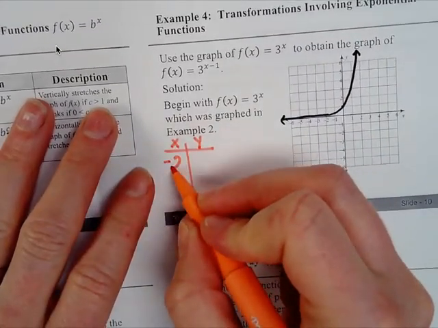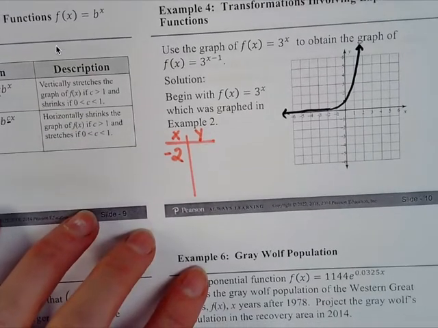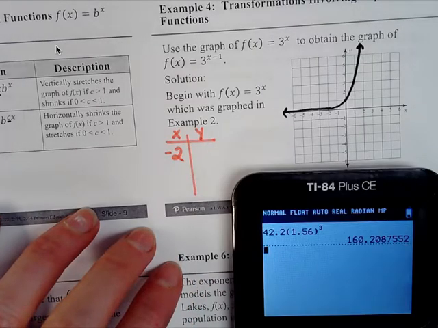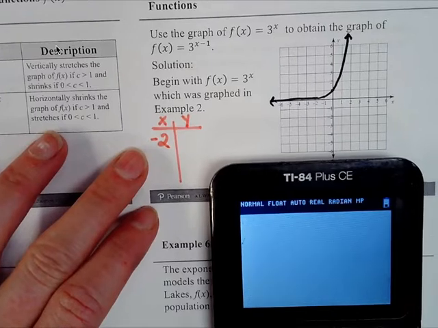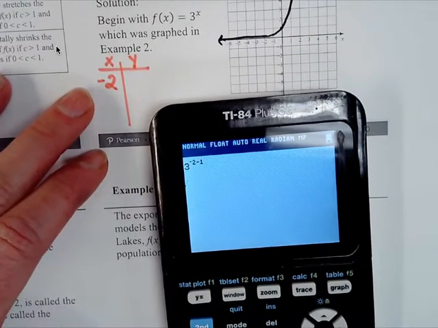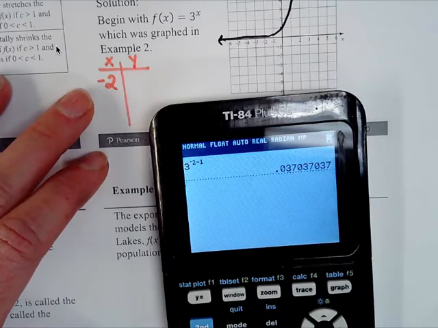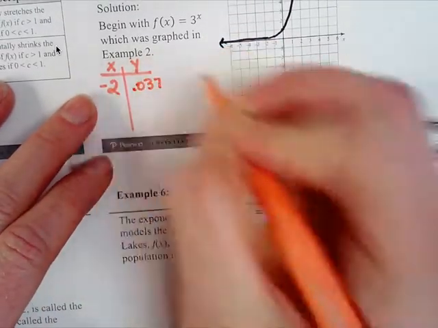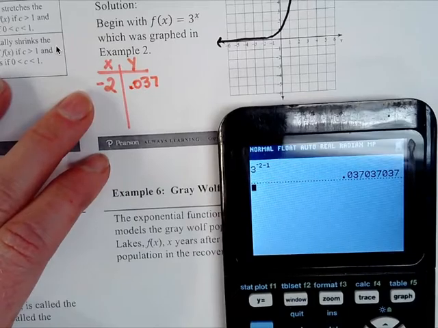Let's start with -2, because the first one started with -2 and it was 0.111. I'm going to use my calculator to find 3 raised to the -2 minus 1. So that's 3 raised to the -3, 0.037. That's a little bit lower, right?